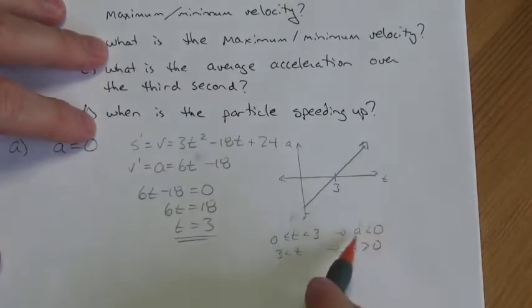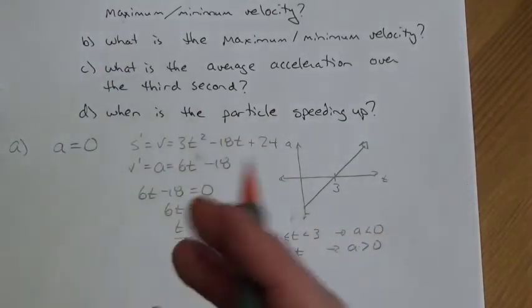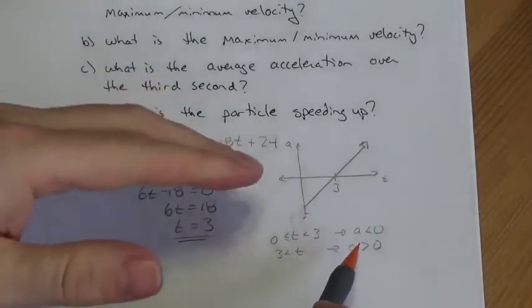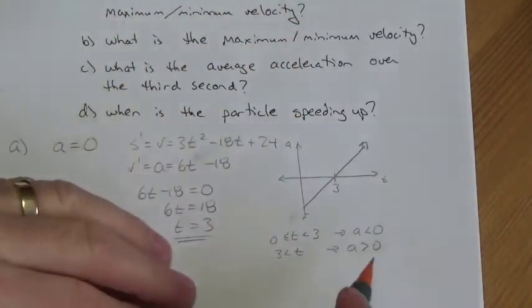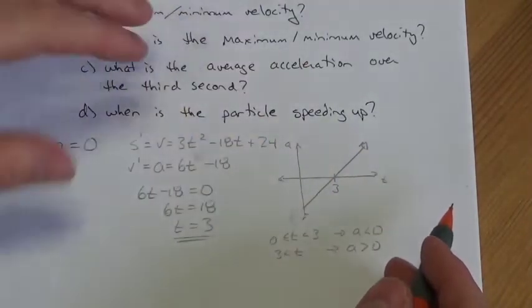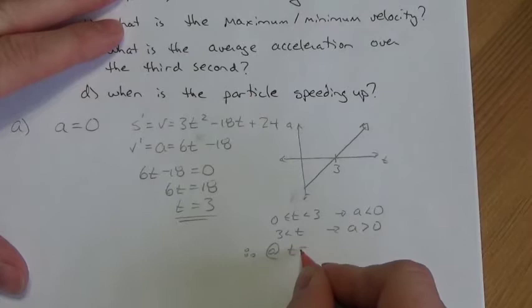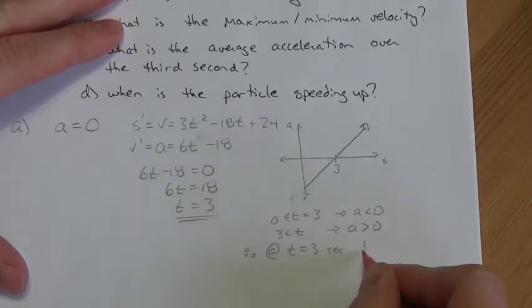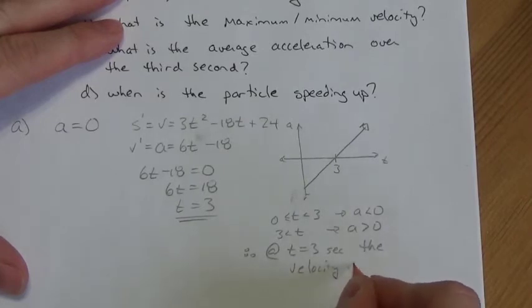When the acceleration is negative, this means that the velocity is getting smaller. Then we hit 0, and from that point on, it starts to get larger again. So therefore, at t equals 3 seconds, the velocity is a minimum.